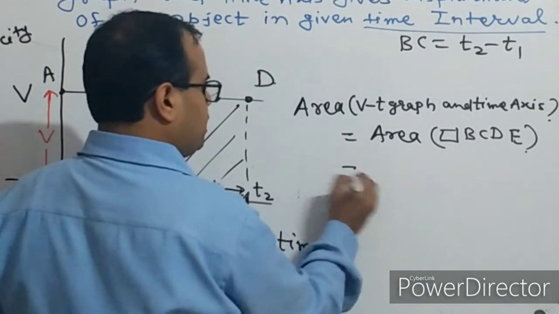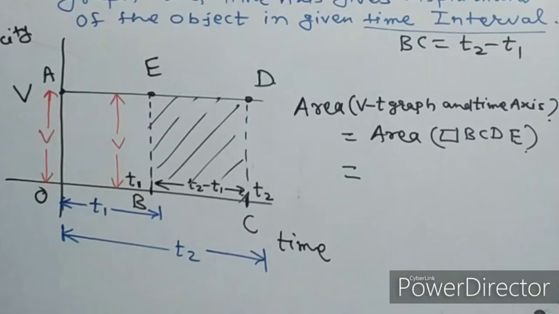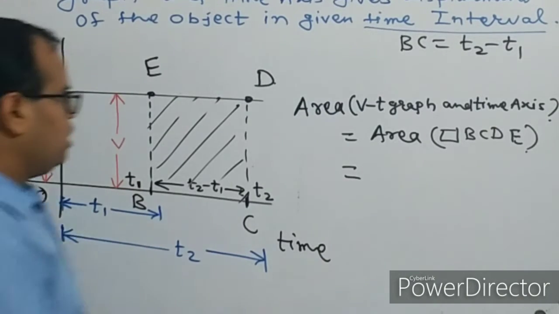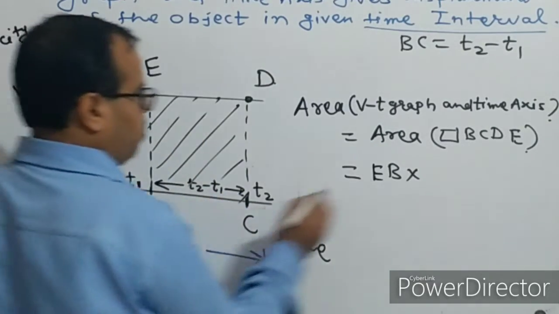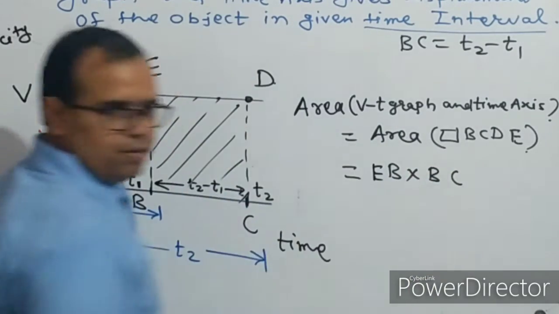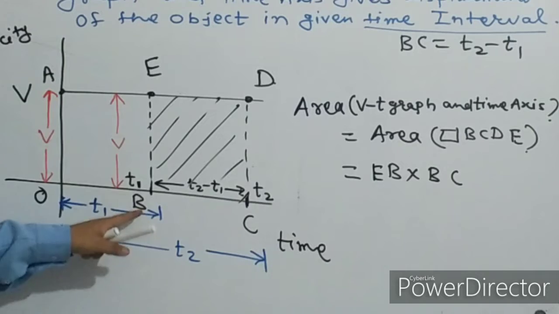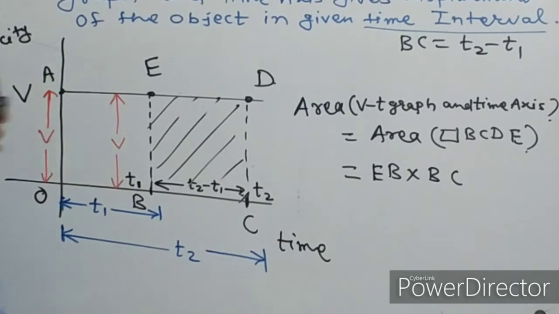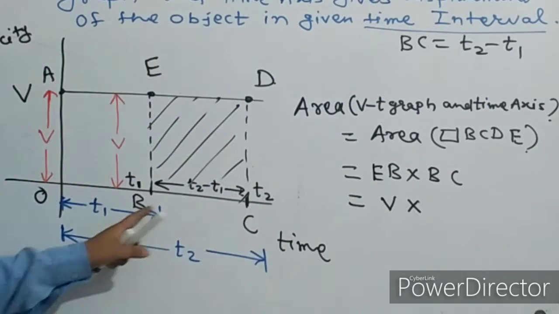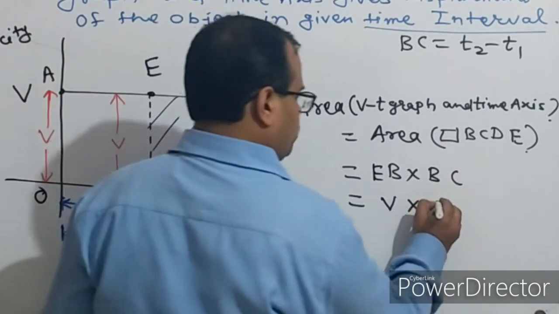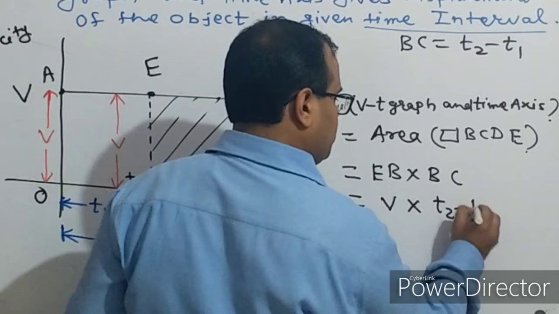Now how can you find this area? Area is length into breadth. Say the length is EB and the breadth is BC. EB into BC. Now EB is nothing but velocity, that is V. So you can write it as V multiplied by BC, which is t2 minus t1. So you can write it as V times t2 minus t1.